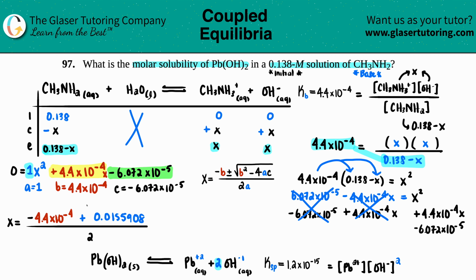Negative 4.4 times 10 to the negative 4th plus 0.0155908. And I'm just going to erase that. We're getting closer to that X value. So this is just 0.015.